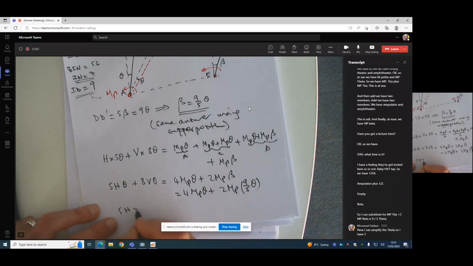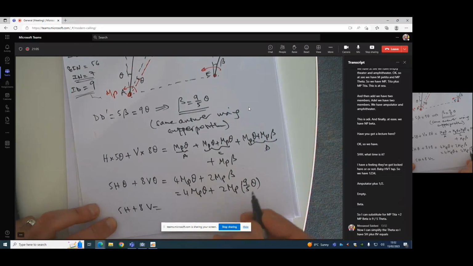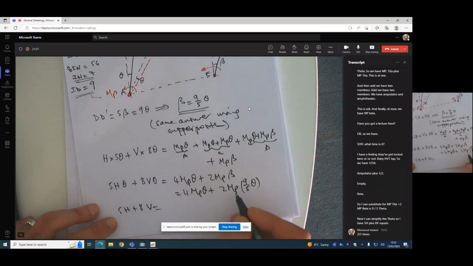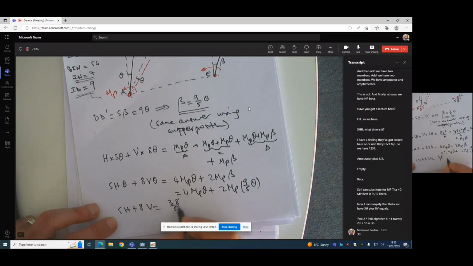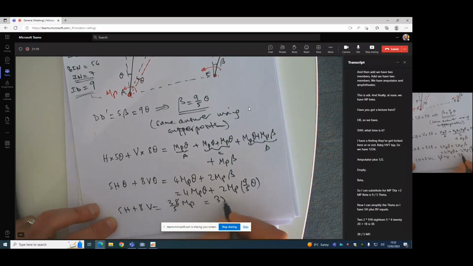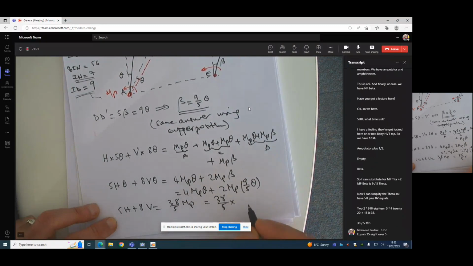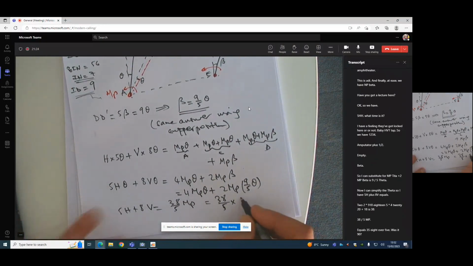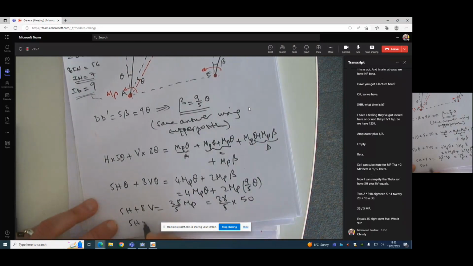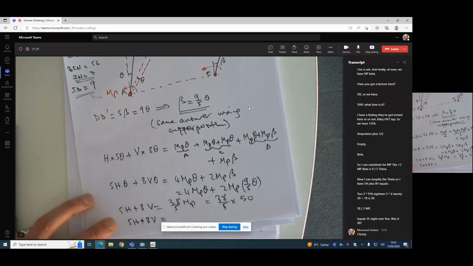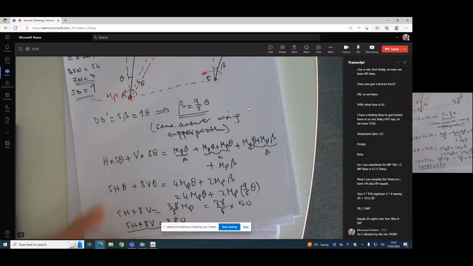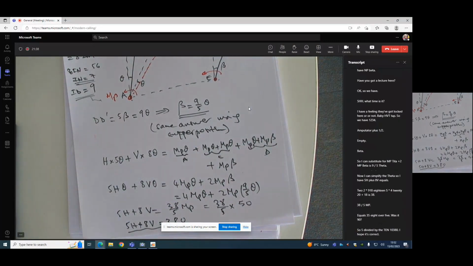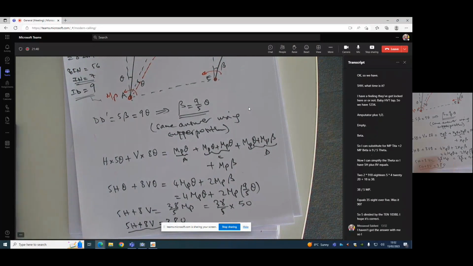So I have 5H plus 8V equals 2 times 9, 18, 5 times 4, 20, 20 plus 18 is 38, 38/5 MP, equals 38/5 times 50, so 380. Yeah, I hope it's correct. I haven't got the answer with me, so I guess it's correct.